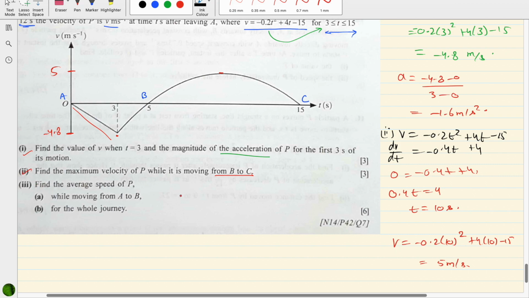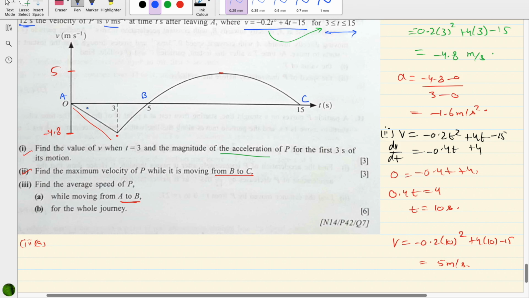Third part, find the average speed of P. For average speed, I need to know the total distance while moving from A to B and for the whole journey. So question third, A part. When moving from A to B, there are two sections.